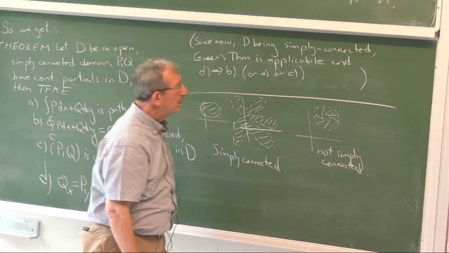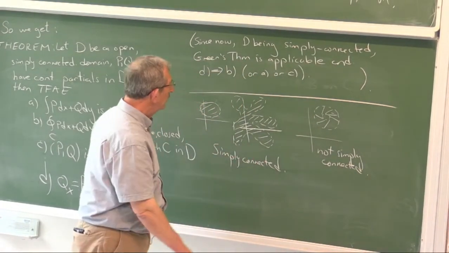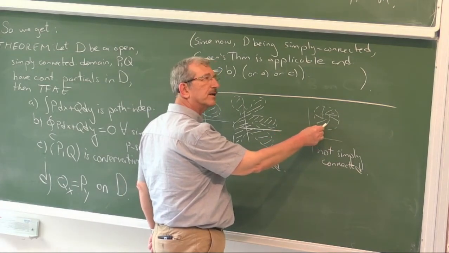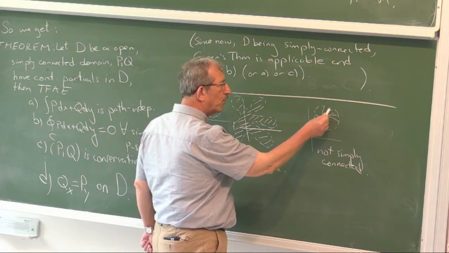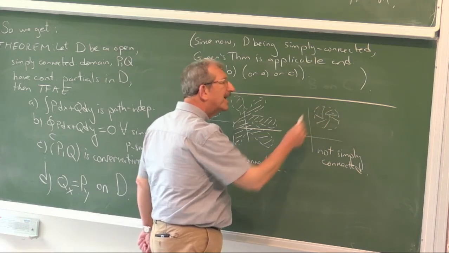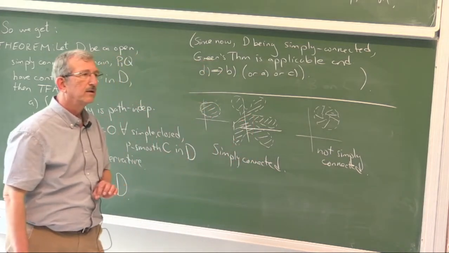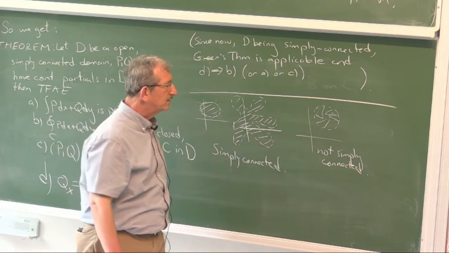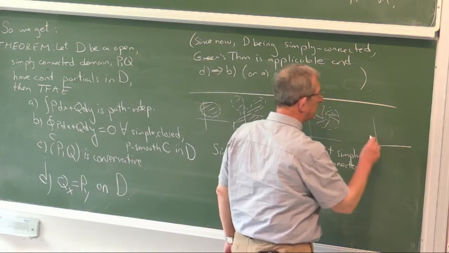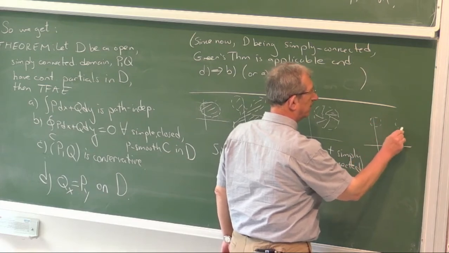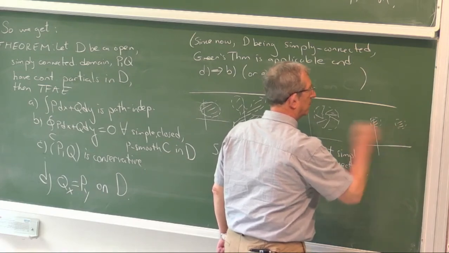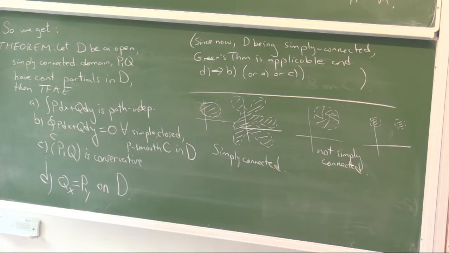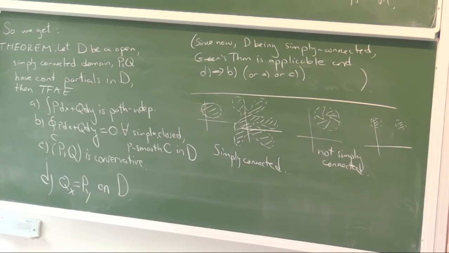Because, as we already did in the example, if you draw a closed curve somewhere here, its inside is here. But if you draw a closed curve so that the inside contains this small circle, which is not inside D, this fails to be simply connected. Or, for example, if you have such a curve, I did not emphasize that. Maybe I should have.